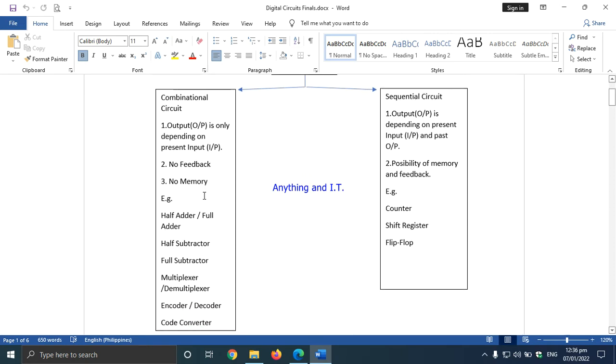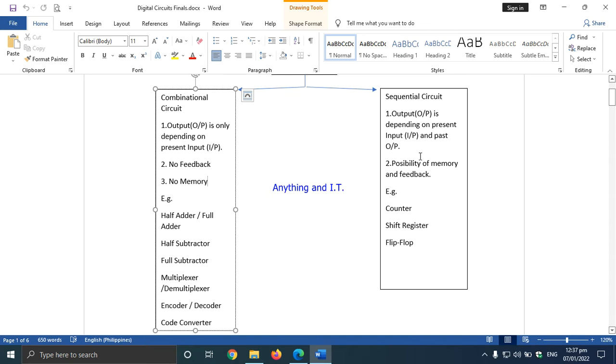Another thing is, in combinational circuit, we do not have feedback and we do not use memory. So, walang feedback, walang memory. But for sequential circuit, since nasabi natin kanina that the output is dependent on the present input and the past output, that means that there is a feedback and there is a memory being used.